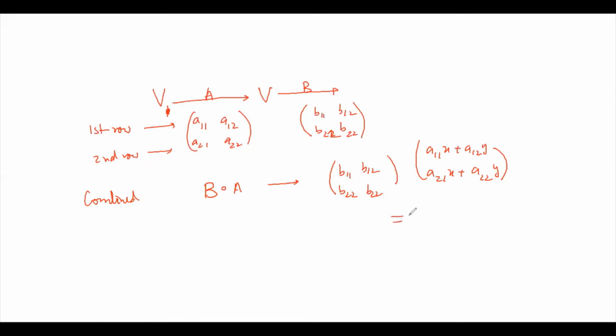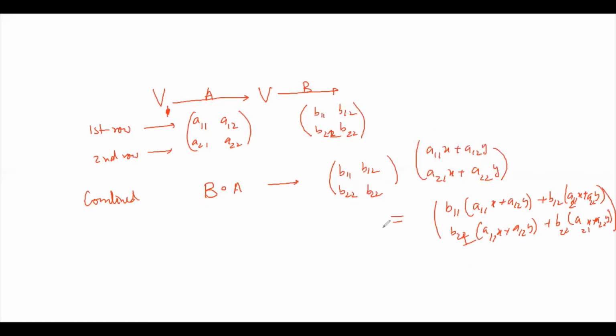So what this will give is equal to B11 times A11x plus A12y plus B12 times A21x plus A22y, and here you have B21 times A11x plus A12y plus B22 times A21x plus A22y.